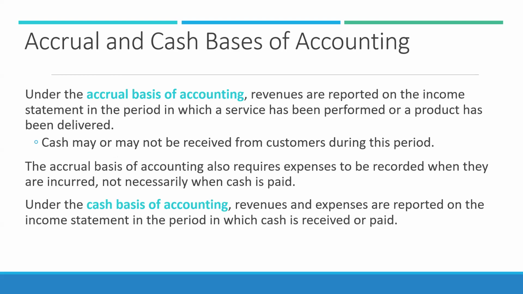Cash may or may not have been received from customers during that period. We don't record revenue when we get the money from the customer. We record the revenue when we earned it, when we delivered the product or service, right? The accrual basis of accounting requires expenses to be recorded when they're incurred, not necessarily when cash is paid.